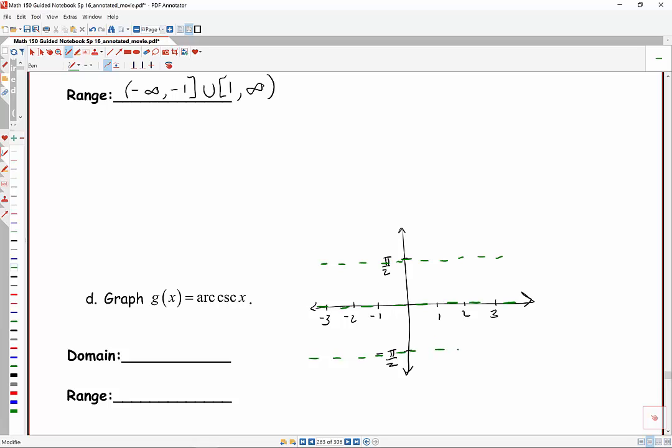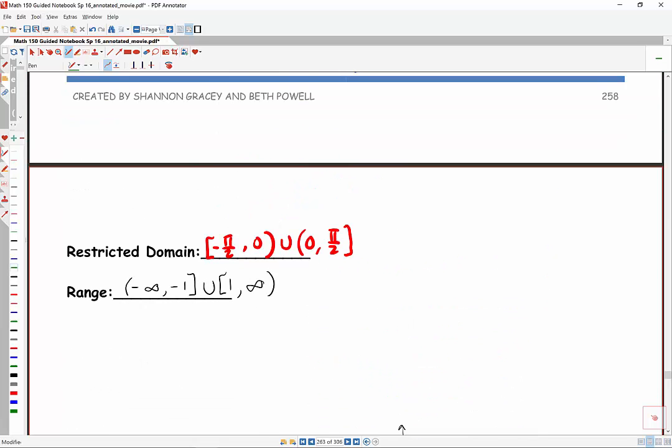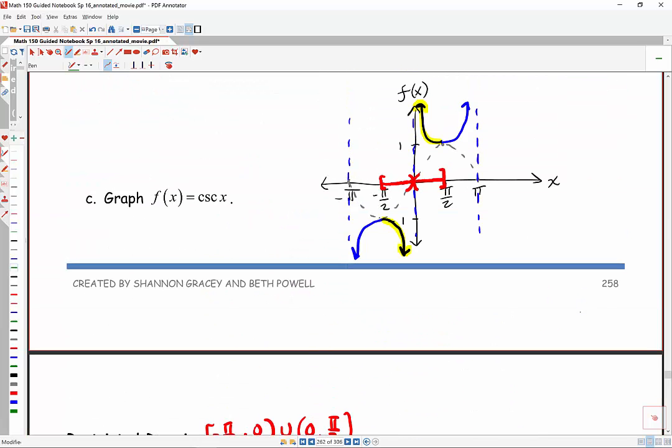On the original we had an ordered pair at negative pi over 2, and then negative 1. That had a negative in front of it. And then we had an ordered pair at positive pi over 2, positive 1.